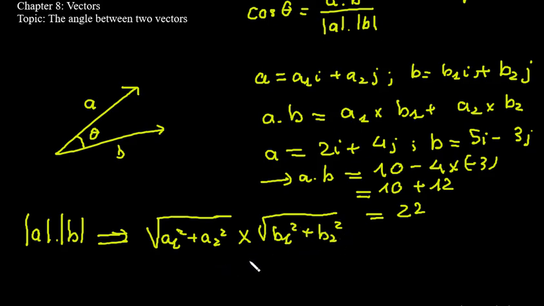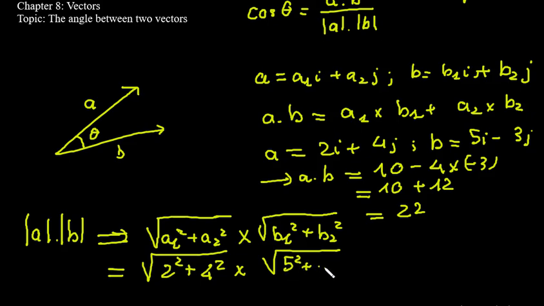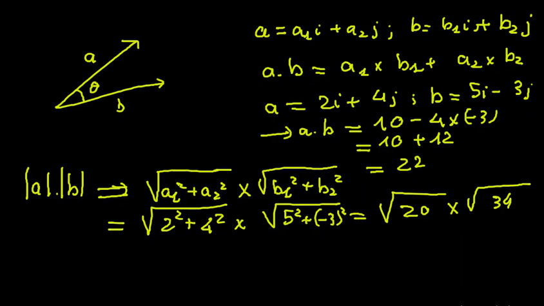In this case, it would be the square root of 2 squared plus 4 squared multiplied by the square root of 5 squared plus minus 3 squared, which is equal to the square root of 20 multiplied by the square root of 34, which is equal to 2 multiplied by the square root of 170.